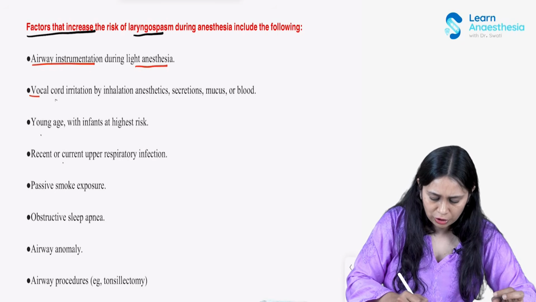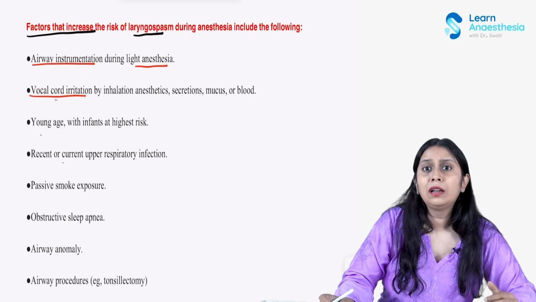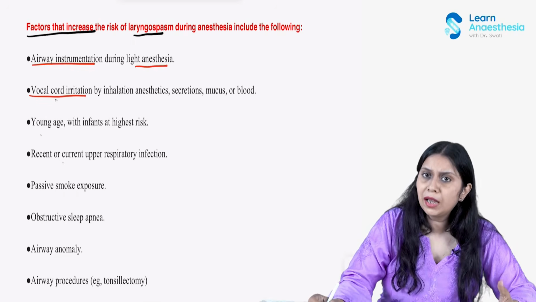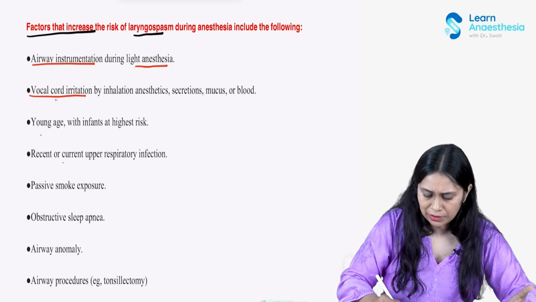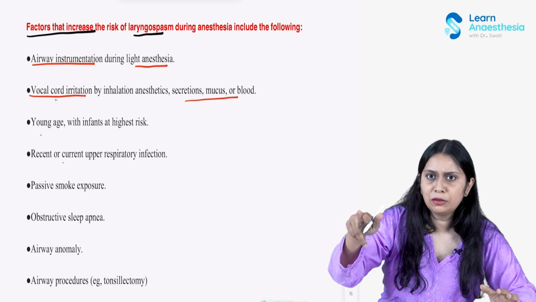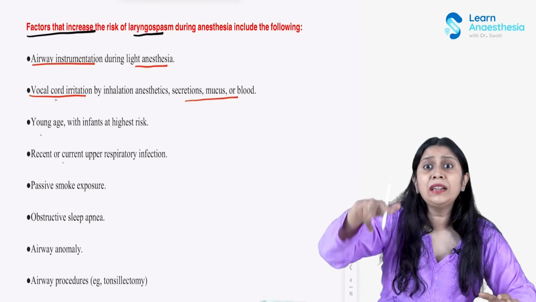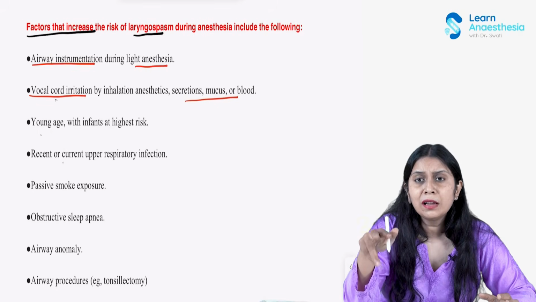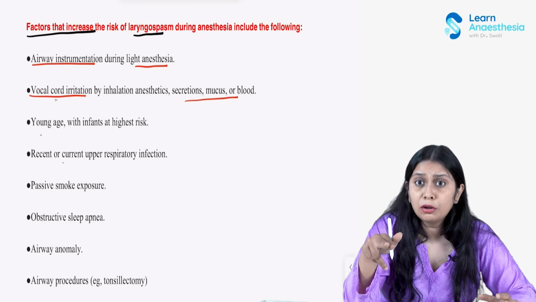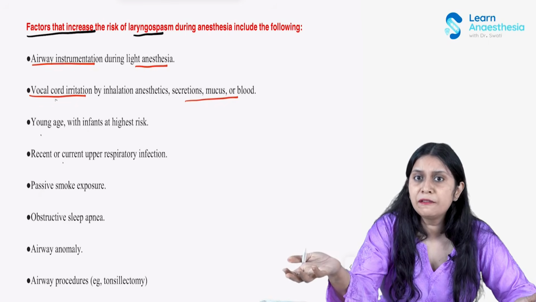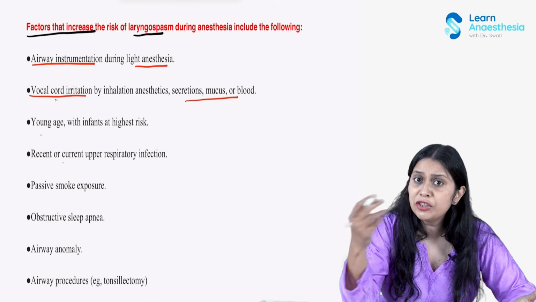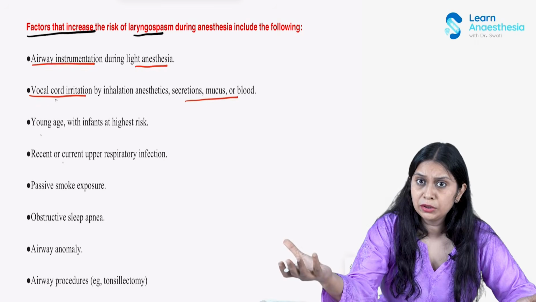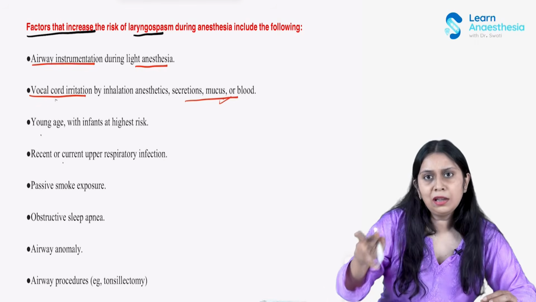Then vocal cord irritation by inhalational agents like desflurane, which are respiratory irritants, or blood or secretions, all this can cause reflex closure of the larynx. The larynx protects the airway, so any irritation on the larynx results in reflex closure of the larynx. That's the natural defense mechanism of our body, protecting the lower airway of the patient. So these can cause laryngospasm.